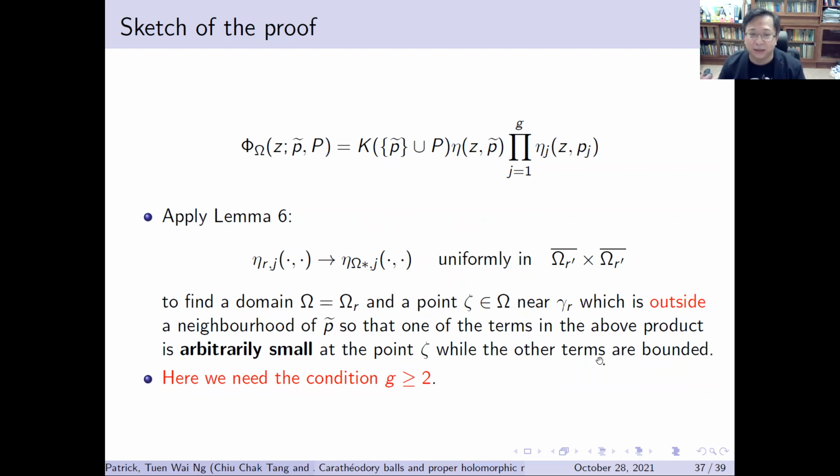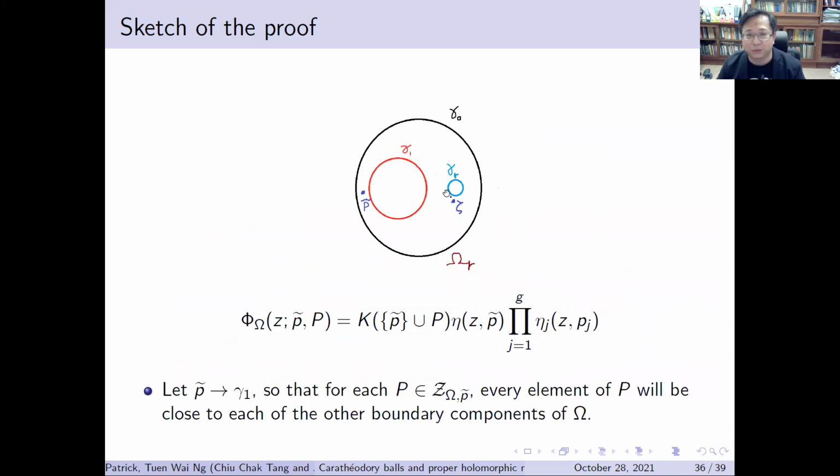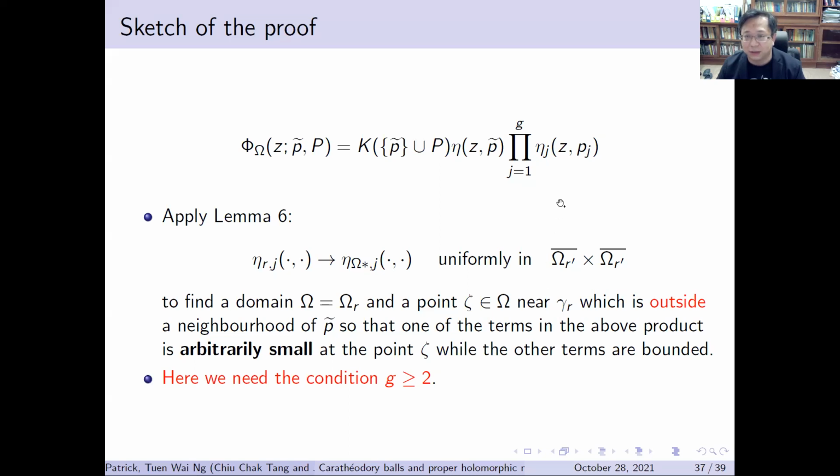Here we eventually need to use the fact that G is greater than or equal to 2. In other words, we have 3 boundary circles here. So the conclusion is, because one of these terms is arbitrarily small and the others are bounded, the whole thing is arbitrarily small when evaluated at this point theta.